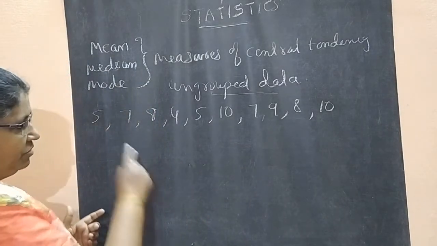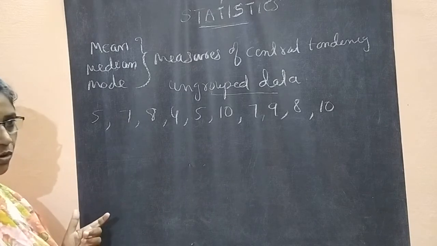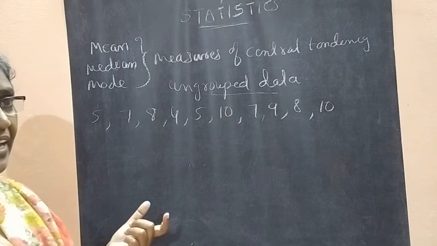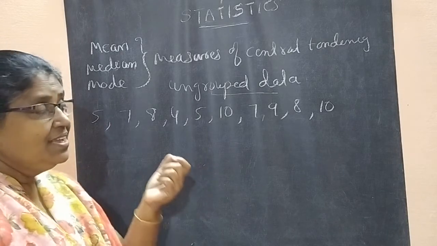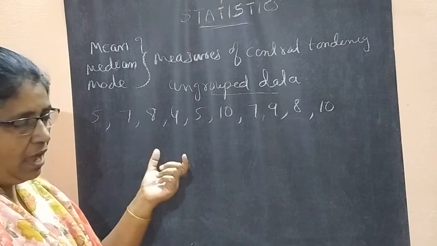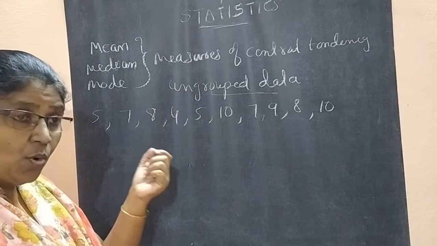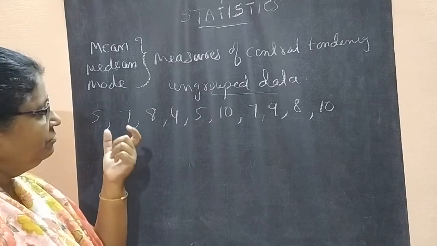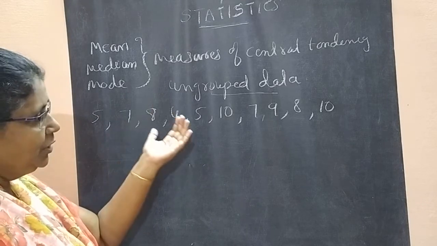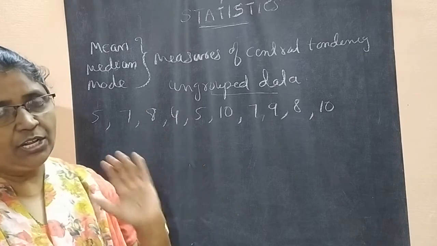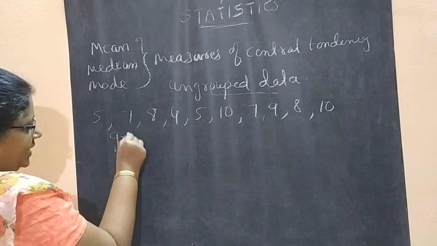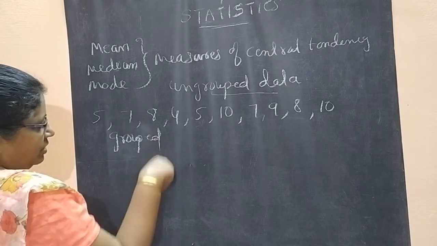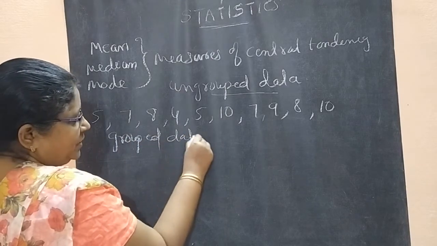If I write the marks in that form, I will not get any idea. It is difficult to find the mean, median and mode of such data since it contains more numbers. So in that case, ungrouped data we will convert into grouped data.